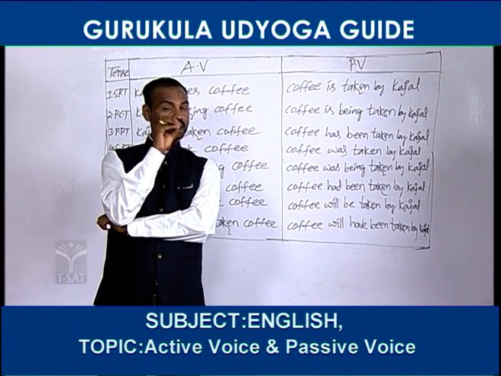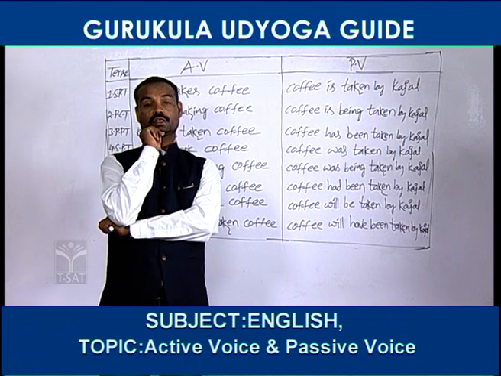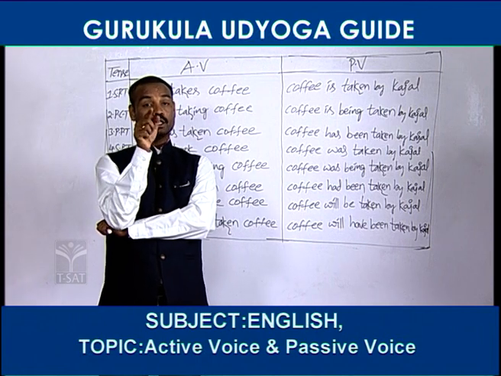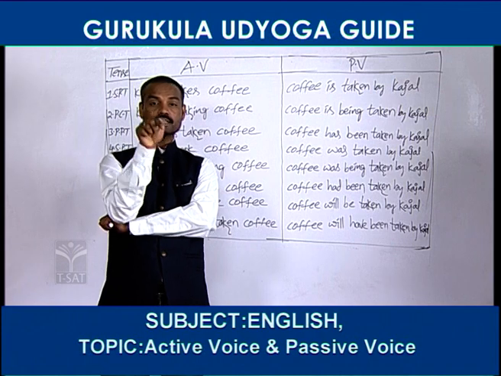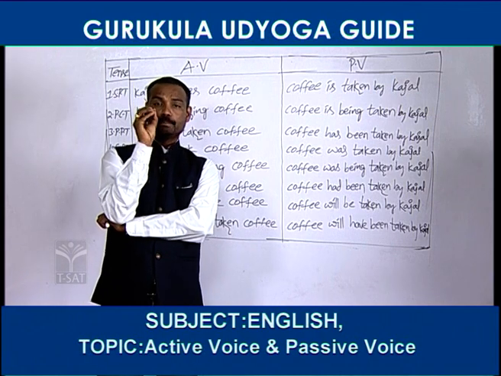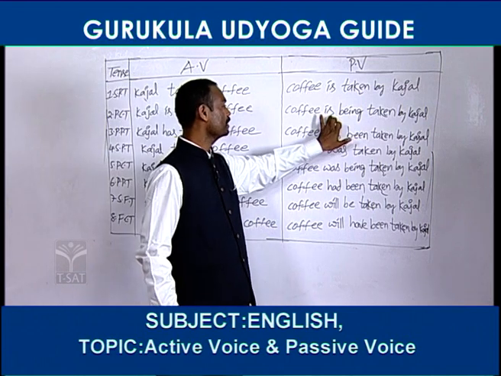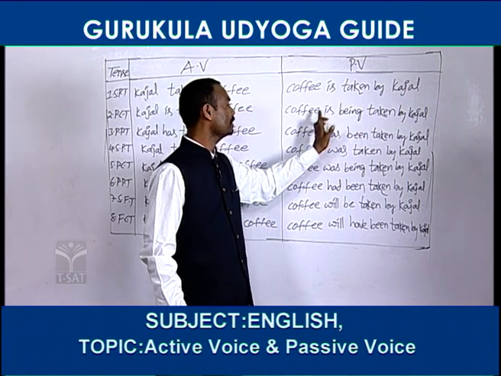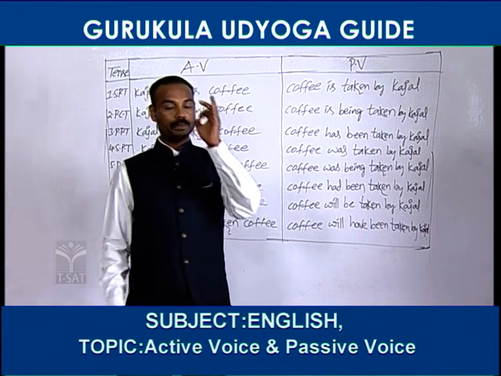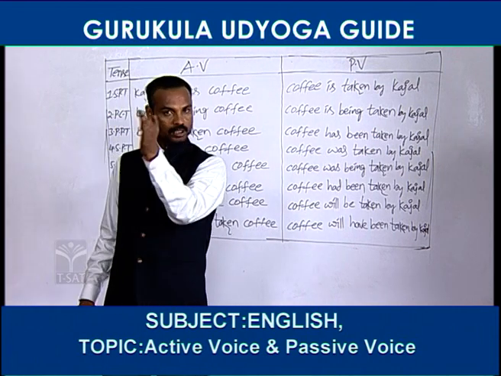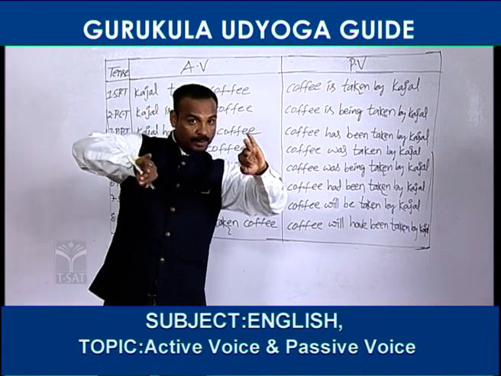When you see the ing form in the active voice, you should write being. And one more thing, friends, you must remember: being should be written between the helping verb and the main verb, not here and there.